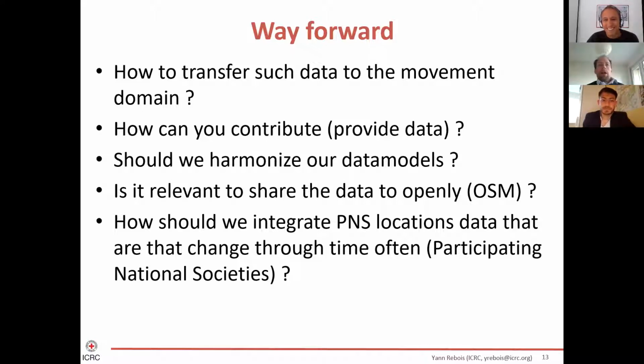Technically, I would say we are ready to work, because you have seen through the sample of Maz and the other volunteers, not the National Society volunteers, we managed to collaborate. And then of course it's the quality of the data, because if your data is not correct, for sure it will not be used. Maz, do you want to complement or to say something else?